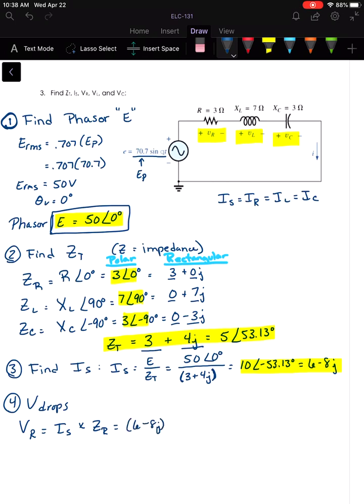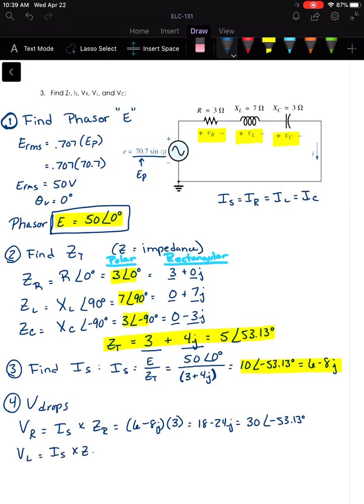So if I take the 6 minus 8j and multiply by the impedance of my resistor, which is simply 3, that would be 18 minus 24j, or in polar form, 30 at an angle of negative 53.13 degrees.